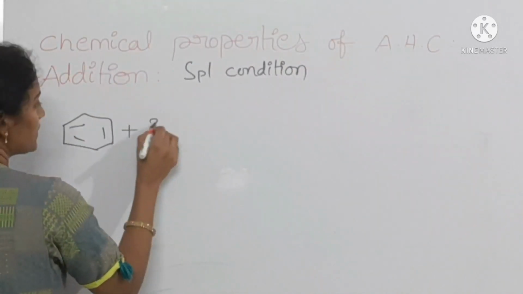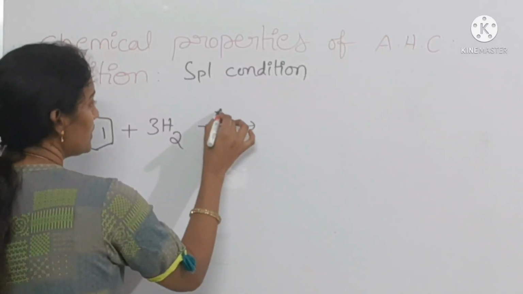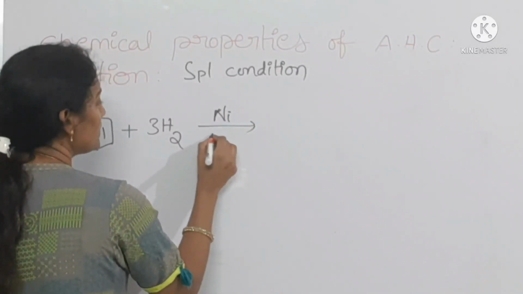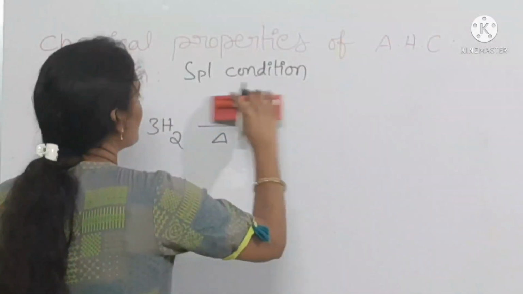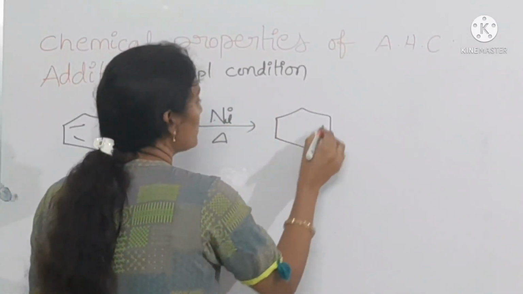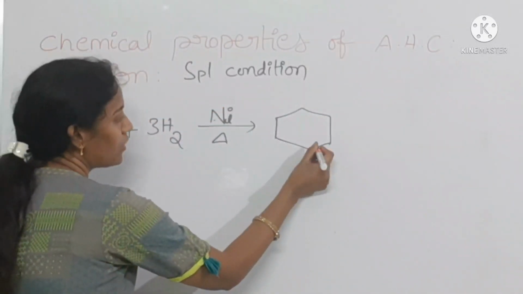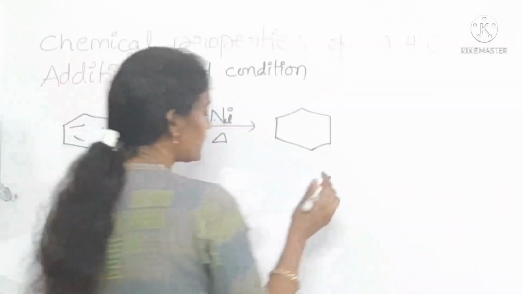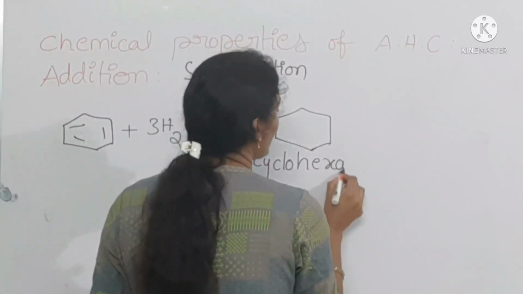If benzene reacts with 3 moles of hydrogen, with nickel as a catalyst and high temperature or pressure, all the pi bonds present in benzene will be replaced with hydrogens, and it forms cyclohexane.